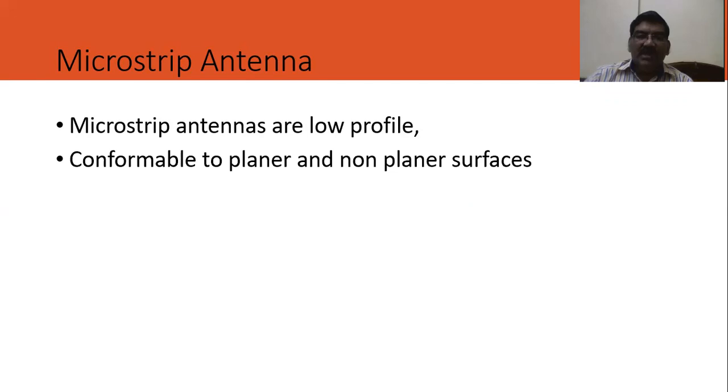What does conformable mean? If you have a surface, suppose this is a dome-like shape surface, the antenna can be of this shape. In various recent devices, microstrip antennas are used in your mobile phone. Microstrip antennas are used in your aircraft.